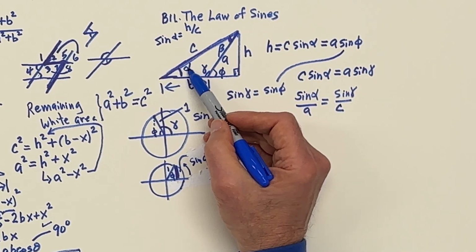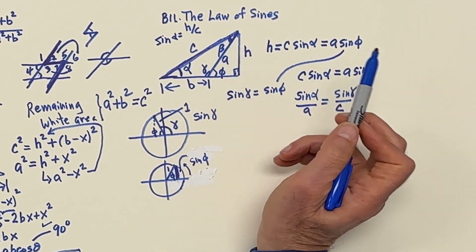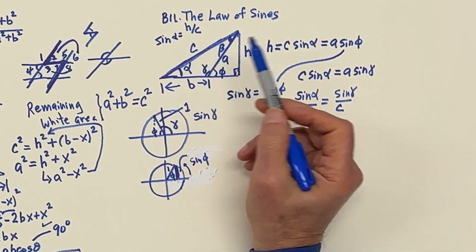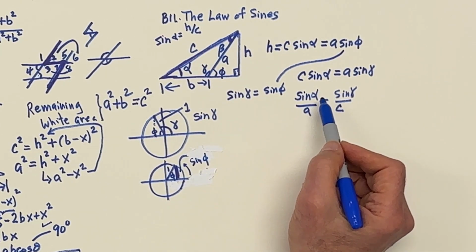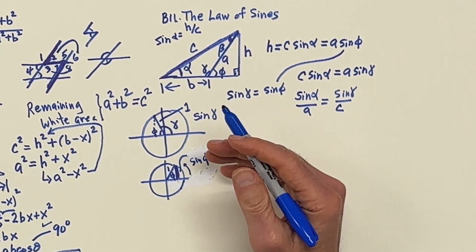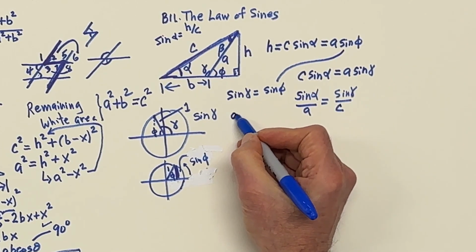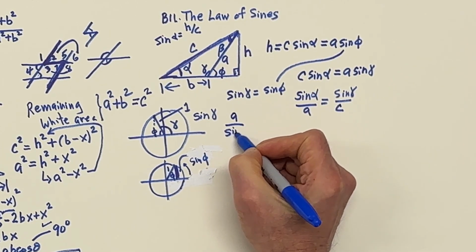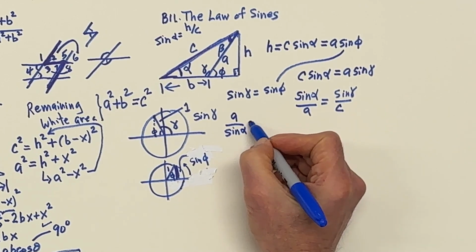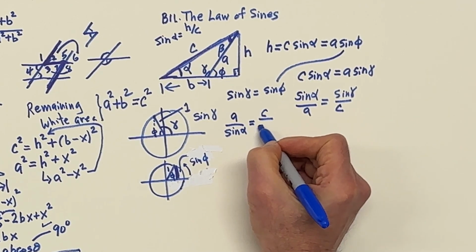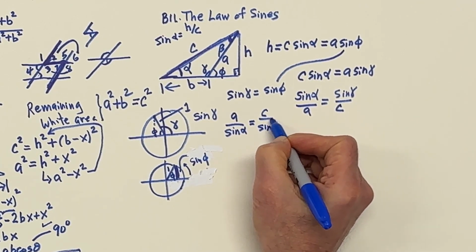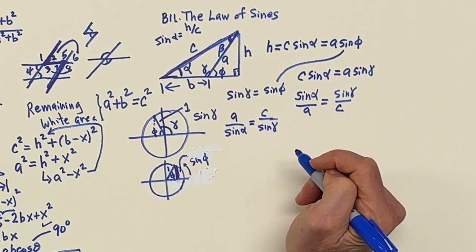In other words, alpha goes with A and gamma goes with C, and you simply take the sine of the angle divided by the side that's opposite it. So you could also flip these and have the sine on the bottom like this, and C over the sine of gamma. That's a cool result also.